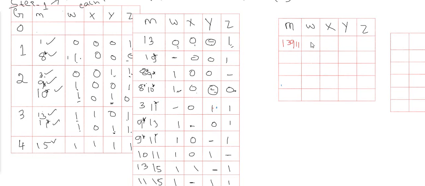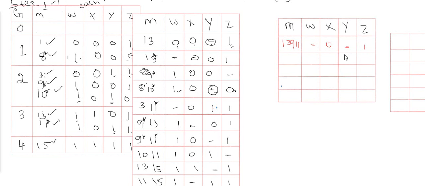In 1, 3, 9, 11, the first bit differs, x is the same, y is actually dash, and z is 1. So it remains the same. Then for any other y bar, it is there in 13, 15, but wx are both 1, while in 1, 3 wx are both 0, so this grouping is not possible.